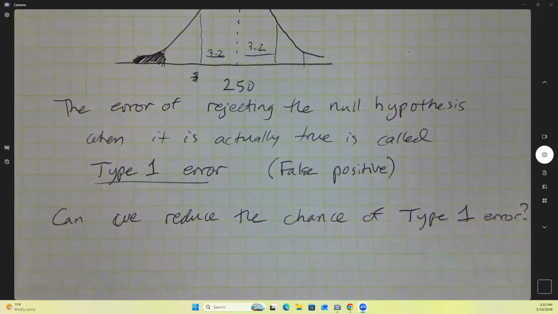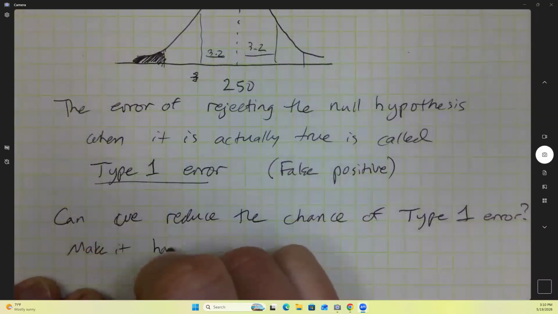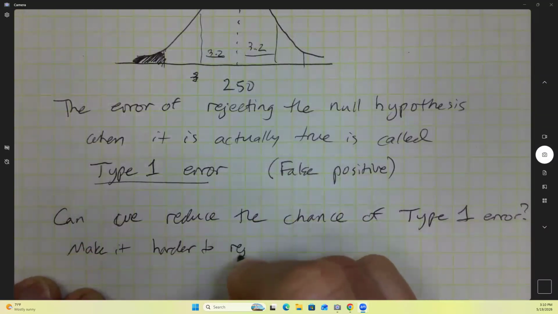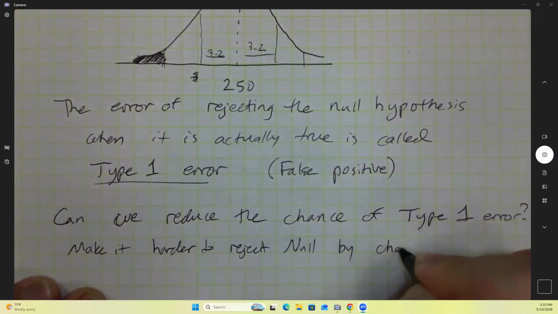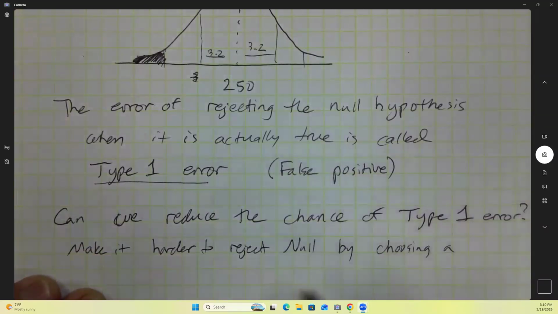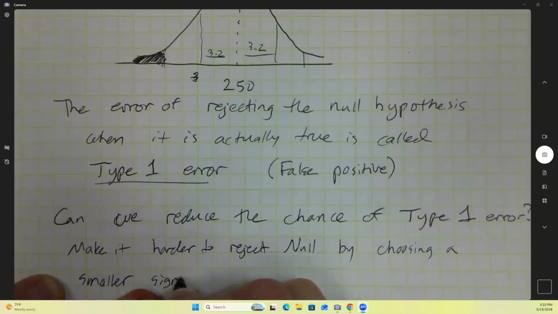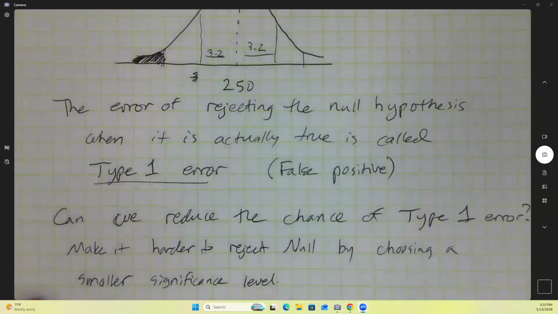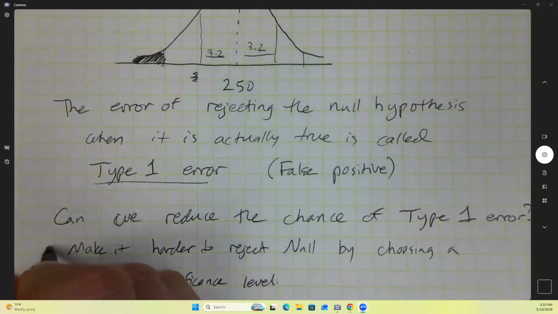We could make it harder to reject the null by choosing a smaller significance level. If we chose a 1% significance level, then there's only a 1% chance of type 1 error before we even start collecting our data. That's a good way to do it.